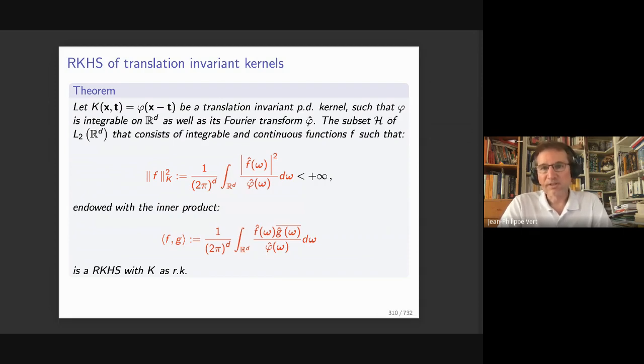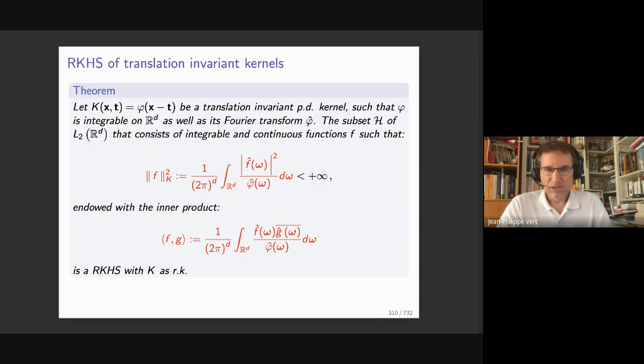And in addition, when this integral is finite, then the value of the integral is the squared norm of f in the RKHS. Or in other words, as you see in the slide, the inner product in the RKHS between f and g is defined by, up to a scaling factor, the integral of f hat(omega) times the conjugate of g hat(omega), because these could be complex numbers, divided by phi hat(omega) d omega. Notice that phi and phi hat are real valued here.